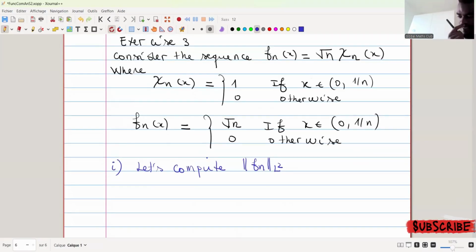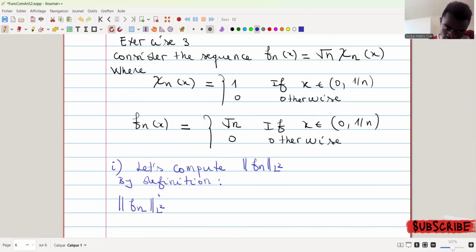By definition, you know how to compute the norm of a continuous function. So I will put the square here because I don't want to put the half power or the square root in the right hand side. So it is equal to this.